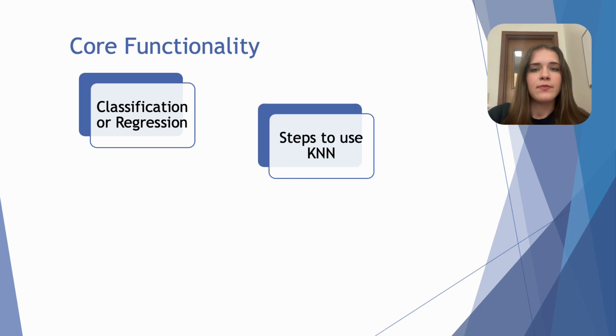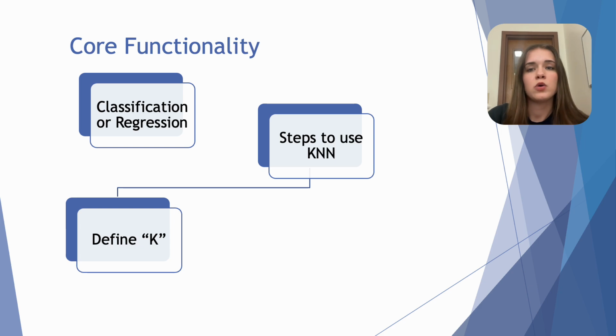So the first step to use this algorithm is to define your K, which defines how many neighbors you will be looking at in your prediction of your specific new data point or query point. The most common choice for K is 3 or 5, but it can definitely vary depending on the data.